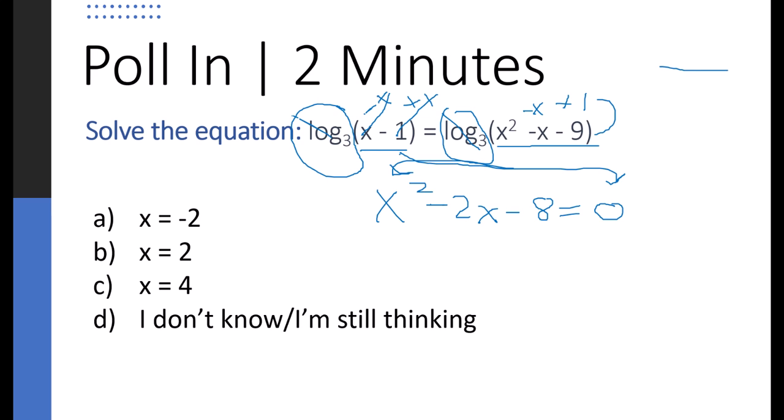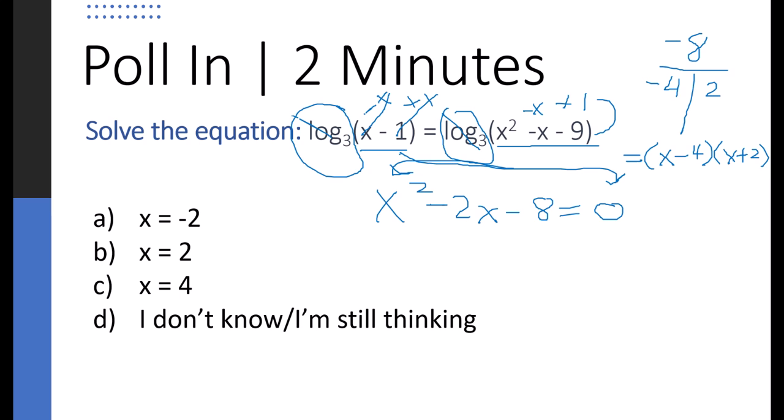And again, I can quickly factor negative 8 into two numbers that multiply to give me negative 8 and add to give me negative 2. So that's negative 4 times positive 2. So if we set up those binomial factors, you have x minus 4 times x plus 2 equals 0.